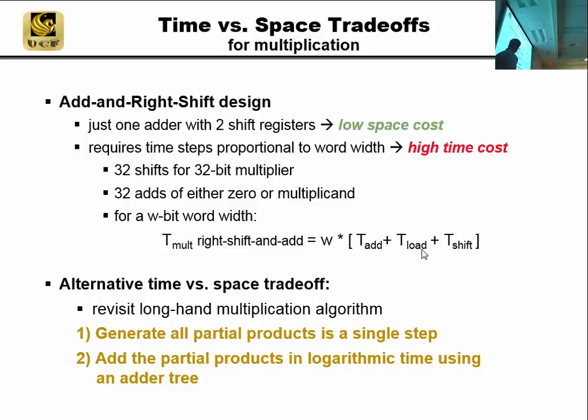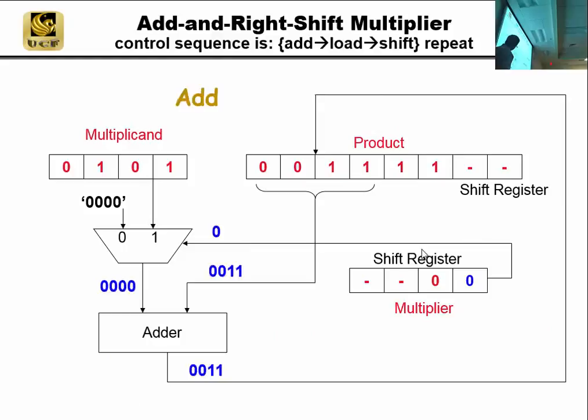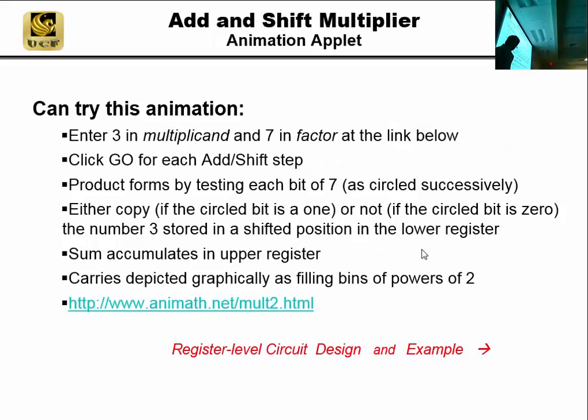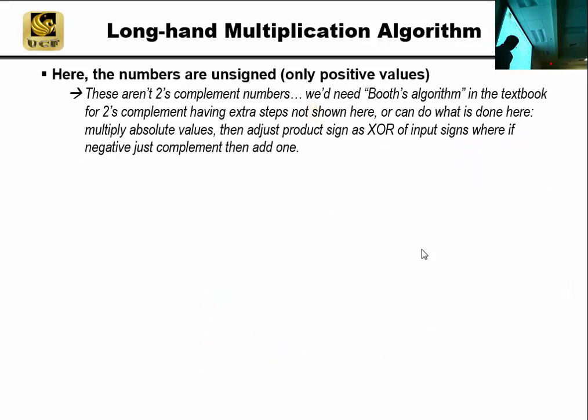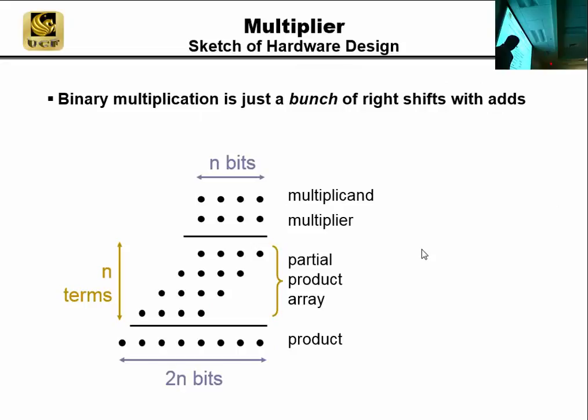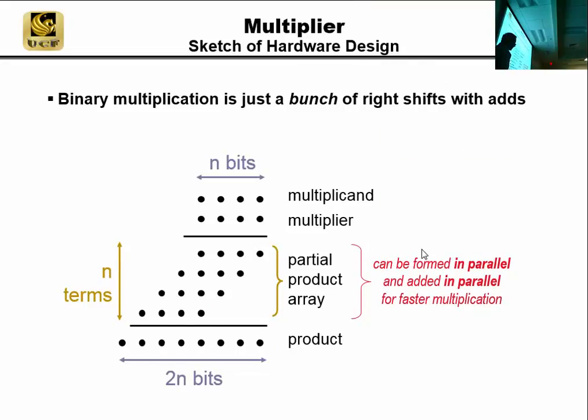Here's a hint. Remember we said somewhere, we can form all these in parallel, right, if you had enough arms? Well, we can make as many of these circuits calculating each partial product in parallel, then we can just add them up.